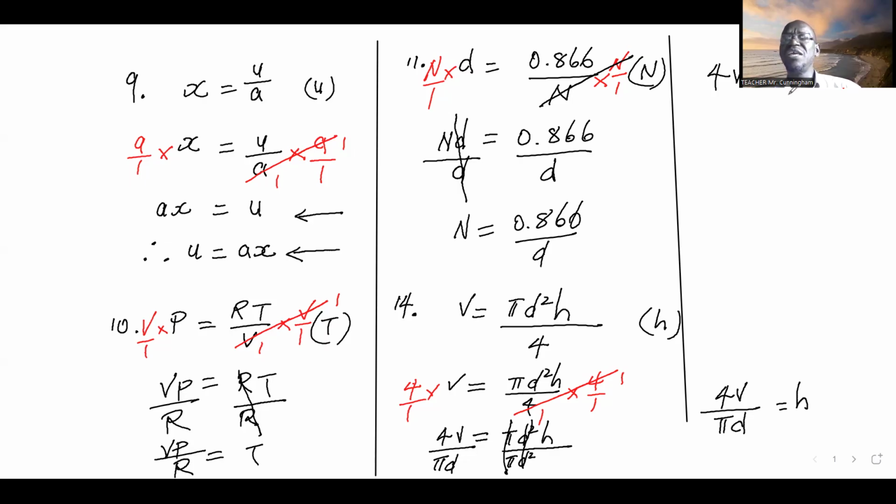If we're finding for H, that means we want only H. So I have to divide by pi D squared. So pi into pi 1, D squared into D squared 1. So I'm left with H, and that gives me 4V over pi D squared.